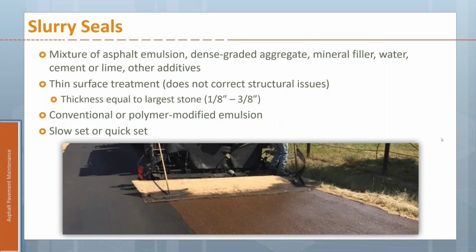And that ranges anywhere from an 1/8 inch up to 3/8 of an inch. So this is pretty small stuff. The emulsion that's used in it is typically a conventional, maybe a polymer modified emulsion, but it's just your traditional normal type of emulsion. And this can be a slow set or a quick set, depending on what you want to do with it, what your traffic control is like, what the area is like, what the weather's like. So you do have some options here.